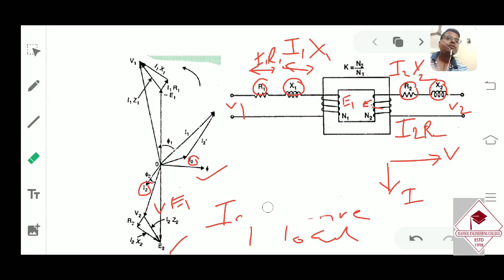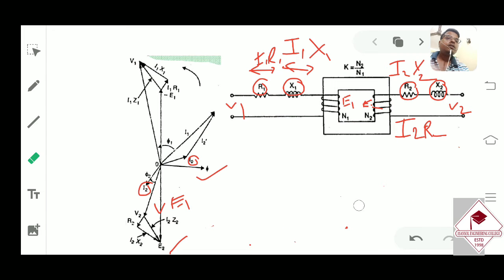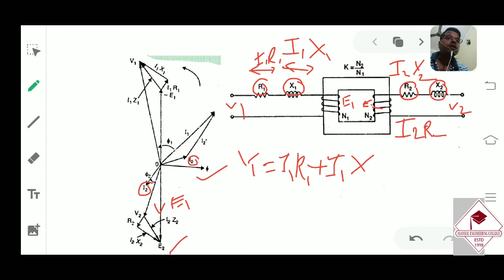The primary side equation is V1 should be equal to I1 R1 drop plus I1 X1 drop plus, this E1 is opposing, so it should actually be minus E1, you can say. So this is the equation.